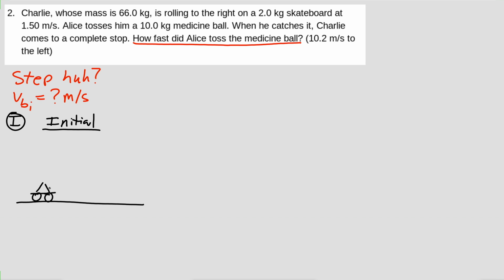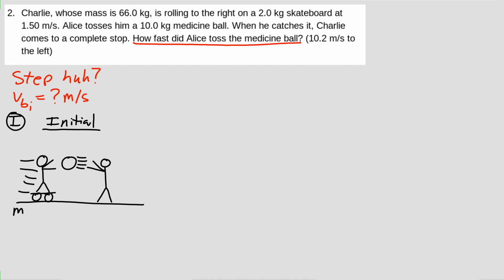We've got a skateboard, Charlie, moving to the right on the skateboard. The skateboard's going too. And we have Alice, and she has tossed a medicine ball towards Charlie. So there's the medicine ball going that way. And we need to figure out what's going on here.